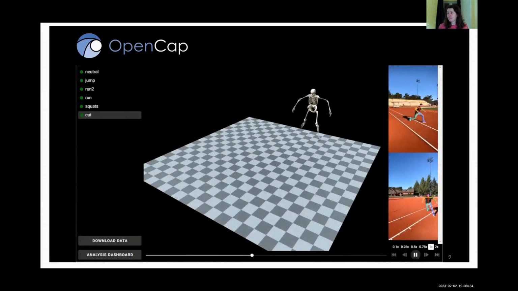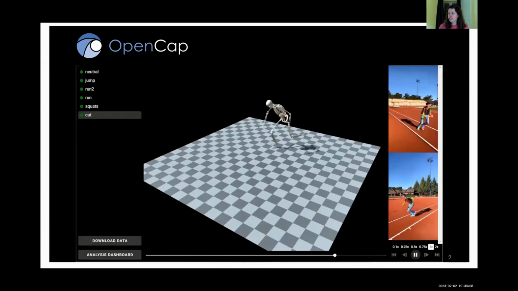And then there's kind of new things coming out as well. So there's this new software called OpenCap that was released recently. It's an open source software. So it's similar to the one I was just showing that we have in the lab, except that one you need about 8 cameras and that expensive software to do the tracking.